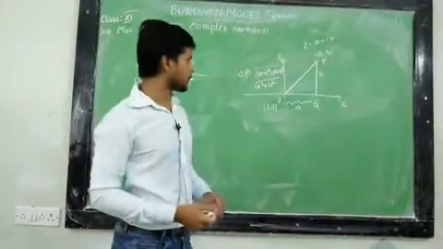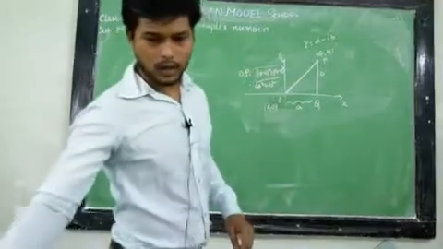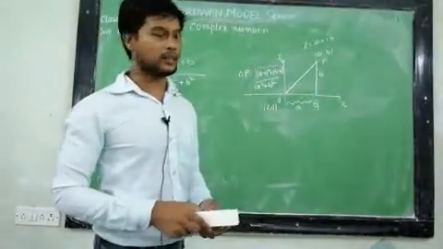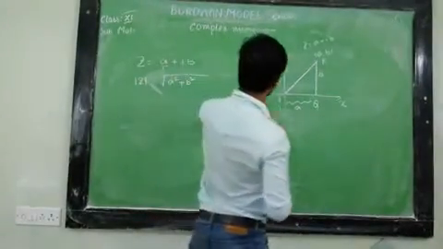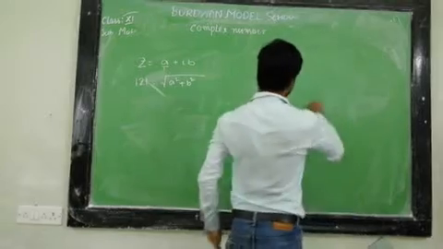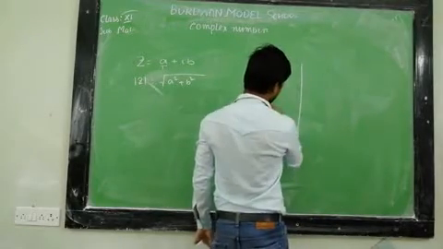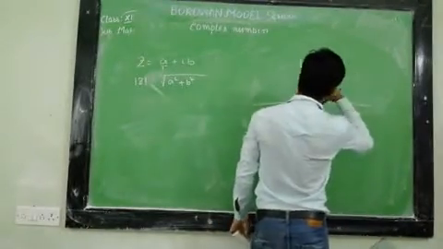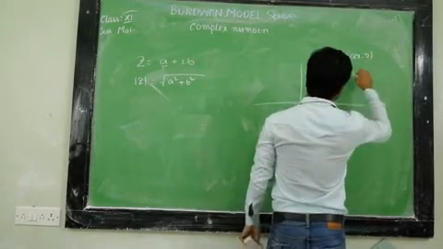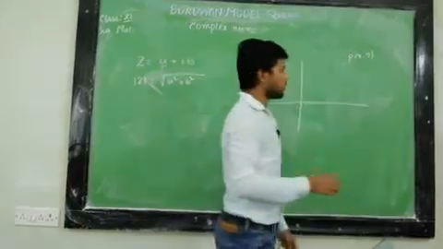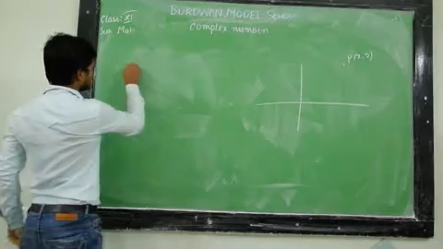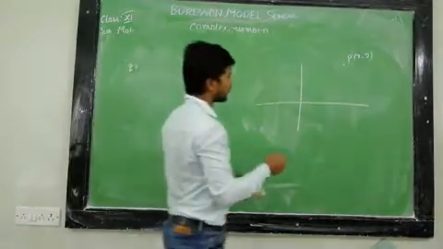Now we'll learn the argument of a complex number. Let us consider a point P whose coordinate is x comma y. That means P is a complex number denoted by z equal to a plus ib, taking a comma b.